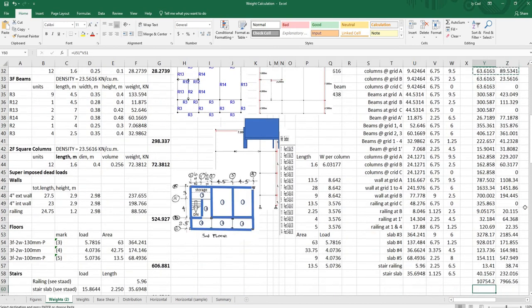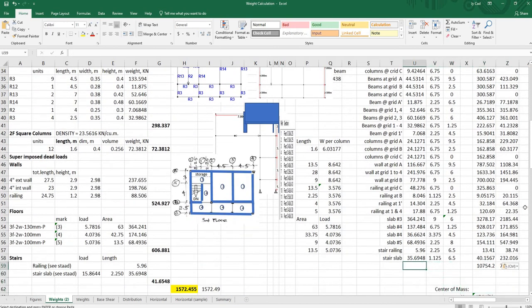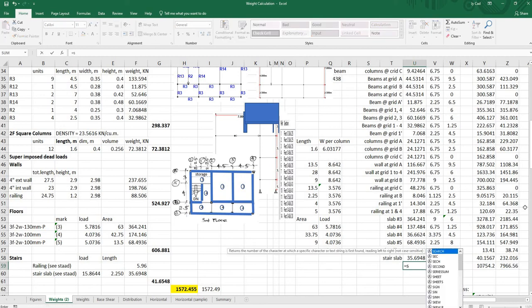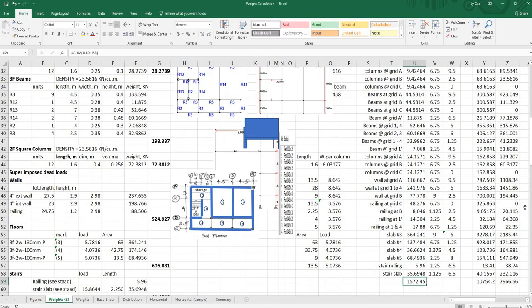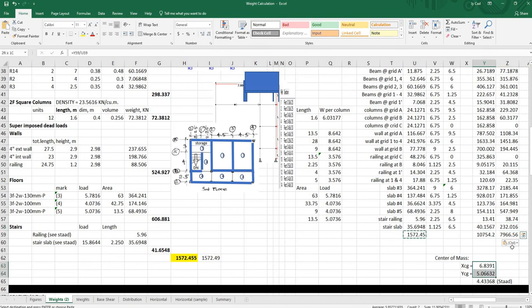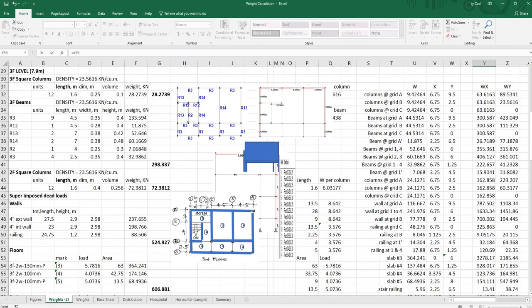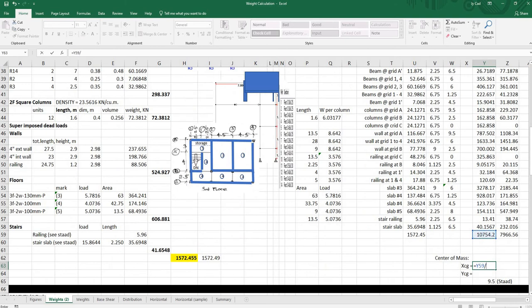Tapos kunin natin yung sum ng weight, tsaka yung sum ng Wx, tsaka yung sum ng Wy. Okay? Finally, to get the center of mass for xCg, that could be total Wx divided by total weight.